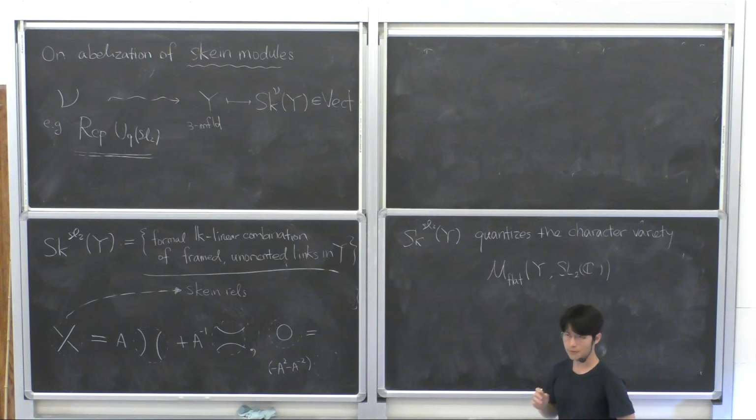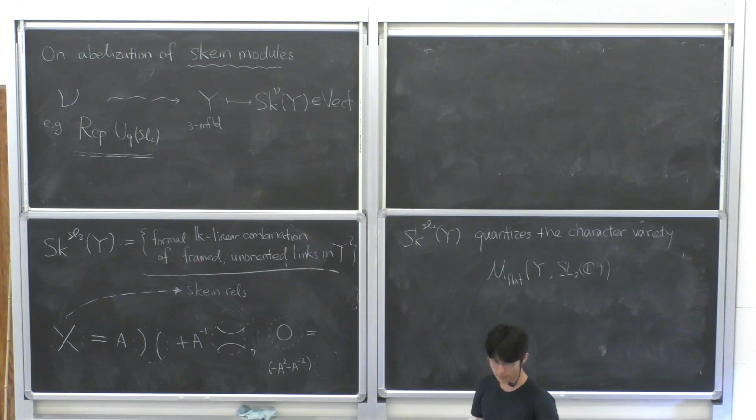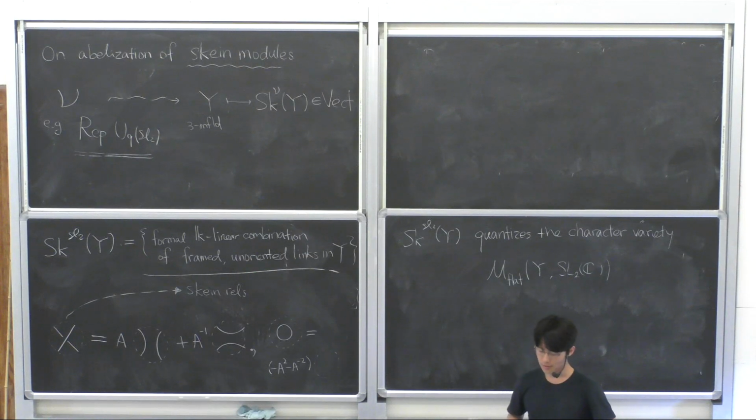So a couple of weeks ago during the training week, if you were here, we saw in Lotte Hollands's talk that using spectral networks, we get a stratified abelianization of an SL2C flat connection.